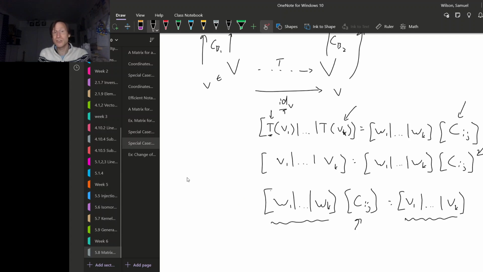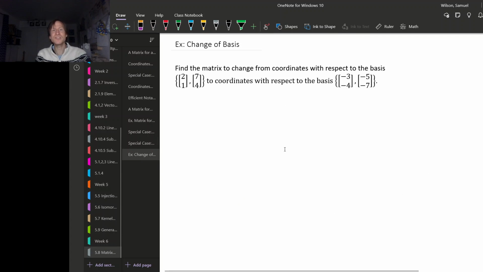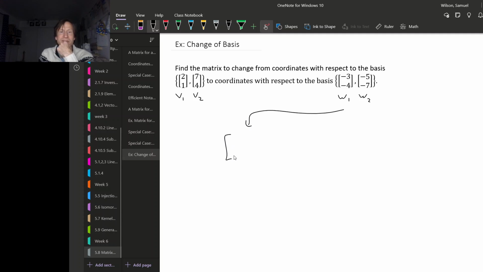Okay, so let's look at an example. Let's find the matrix to change from coordinates with respect to this first basis to coordinates with respect to the second basis. According to what we just said, these are playing the role of the v's, v1 and v2, and these are playing the role of the w's, w1 and w2. So we take our w's and make a matrix out of them: -3, -4, -5, -7.